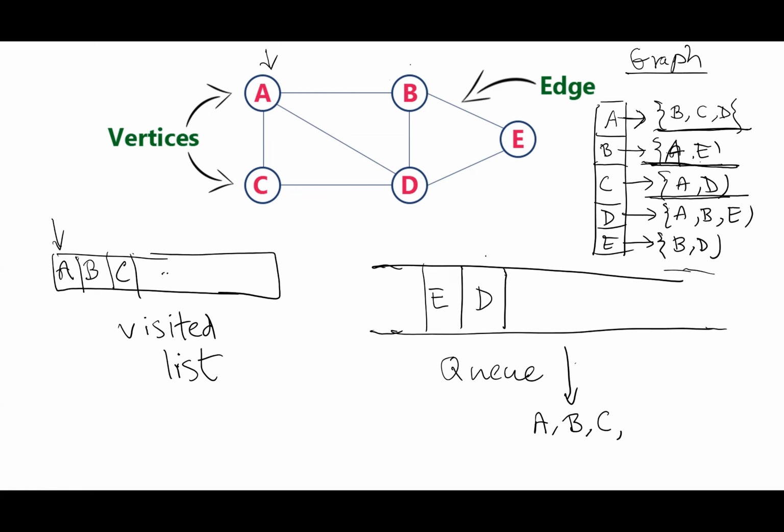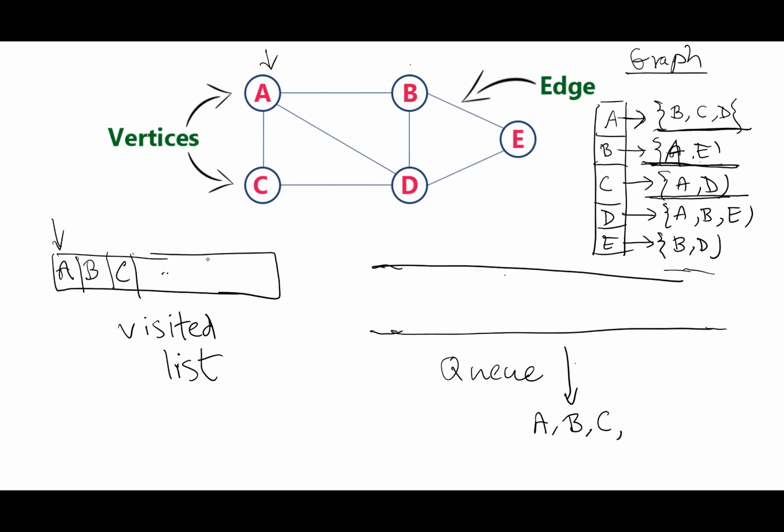The mistake is that whenever I'm putting something into the queue, immediately I have to put it into the visited list, not when taking it out. Okay, so let's repeat again.